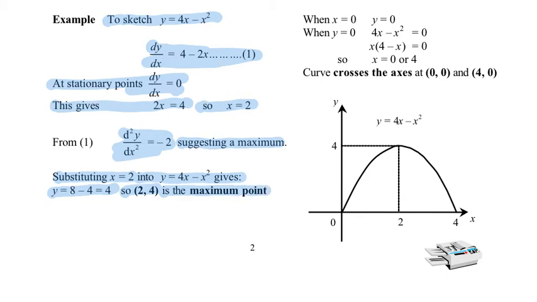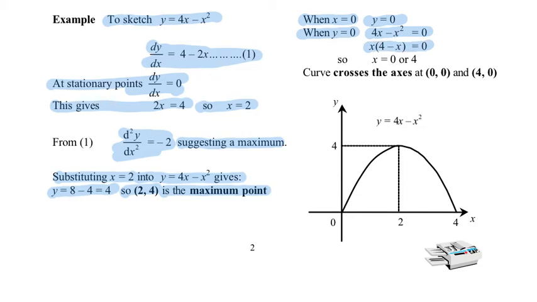Then we need to know where it crosses the two axes. So we put in x equals 0, and we get y is equal to 0. When y equals 0, we get 4x minus x squared is equal to 0.